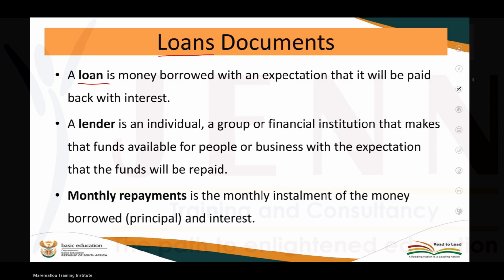The house, a person is taking a big house. Until that person finishes paying the money, the house doesn't belong to him or her. It still belongs to the bank, because the bank is the one that gave him or her the money through a loan. You see, we need to understand all these things because they involve us on a daily basis.